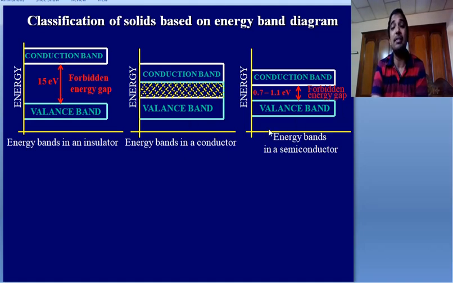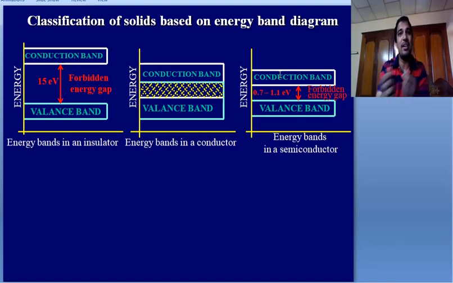The third one, semiconductors, that we need now. In semiconductors, actually a 0.7 to 1.1 electron volt energy gap is there. Means if you give 0.7 electron volts, we can easily pass the charge carrier from the valence band to the conduction band. What is the charge carrier? Electron only. We won't pass the protons.